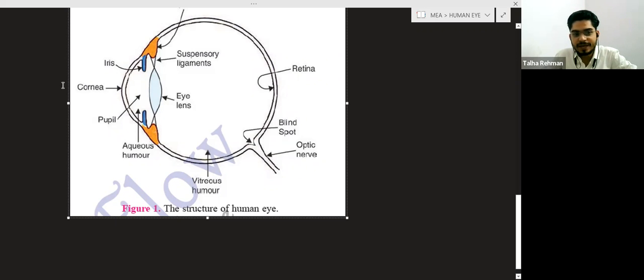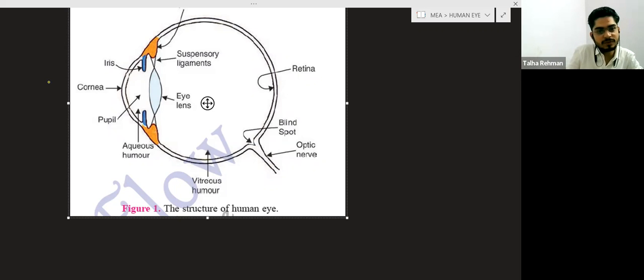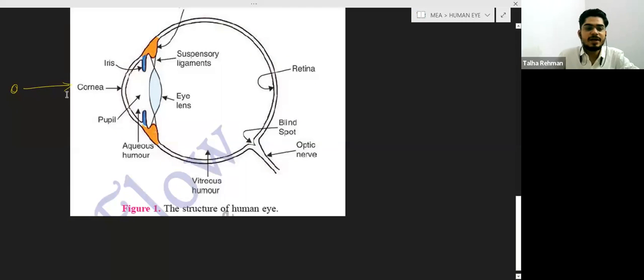So what happens? Light is coming from some object. Suppose here is your object, and from this object light is coming like this, and this light is entering in our eyes through this cornea. First thing, this light is entering in our eyes through this cornea, and this upper part of the cornea, outer part is convex.